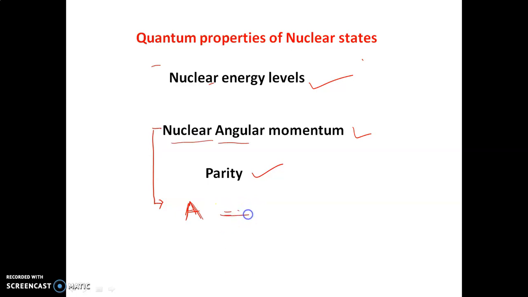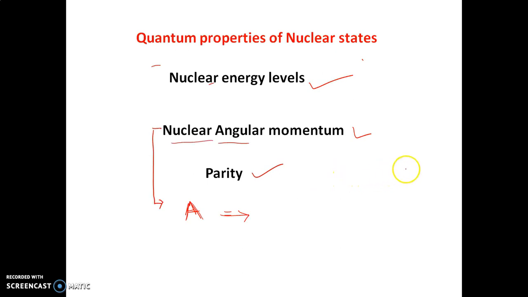Now with each of these nucleons we can associate an orbital angular momentum, or the orbital quantum number.